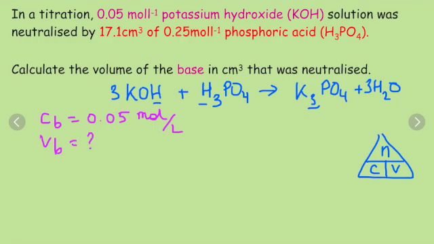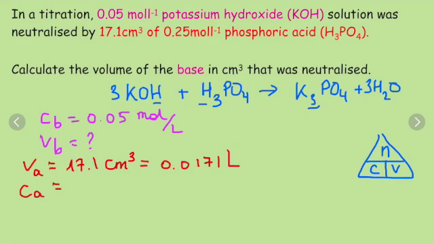We also know that we have a volume of the acid of 17.1 centimeters cubed, so 0.0171 liters, and a concentration of acid of 0.25 mole per liter. So now we calculate the number of moles. Number of moles of acid is concentration times volume.